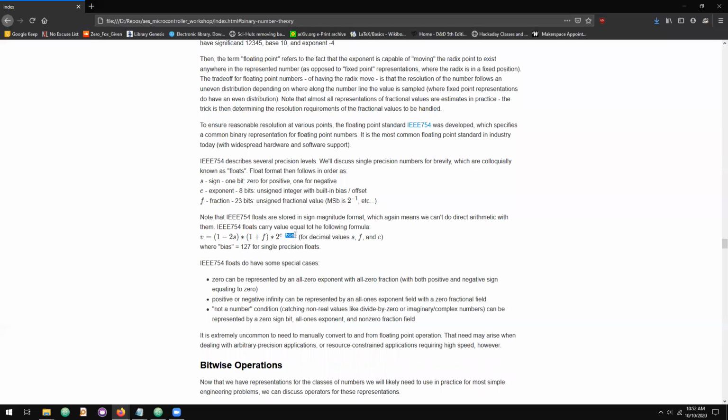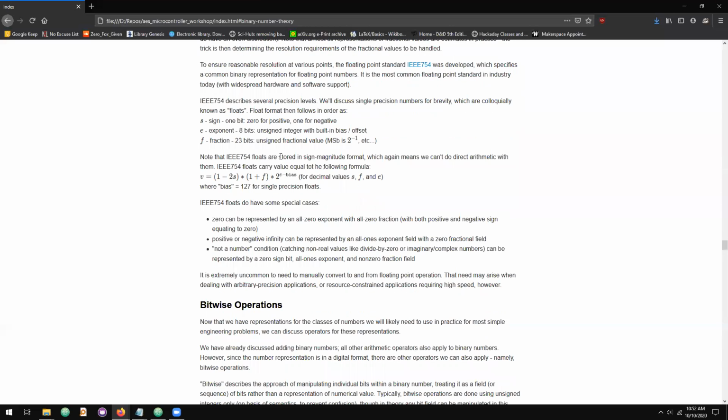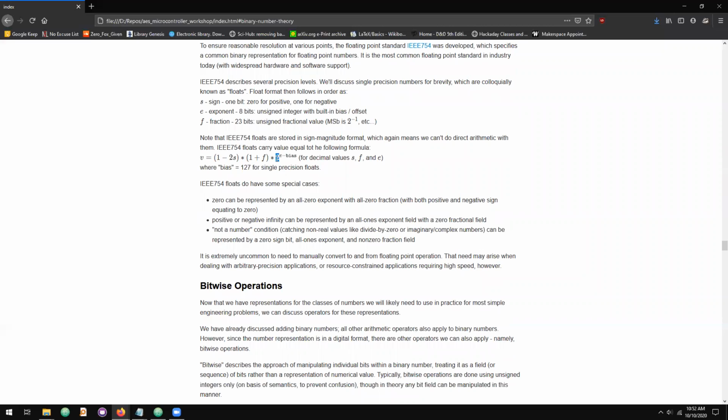So what we do is instead subtract a bias from it. And because we're working in base 2 for binary, then 2 becomes the base in this equation. So let's see, I think we are talking about 32-bit floating point values, in which case the bias is just 127 by convention. So this is according to the standard.